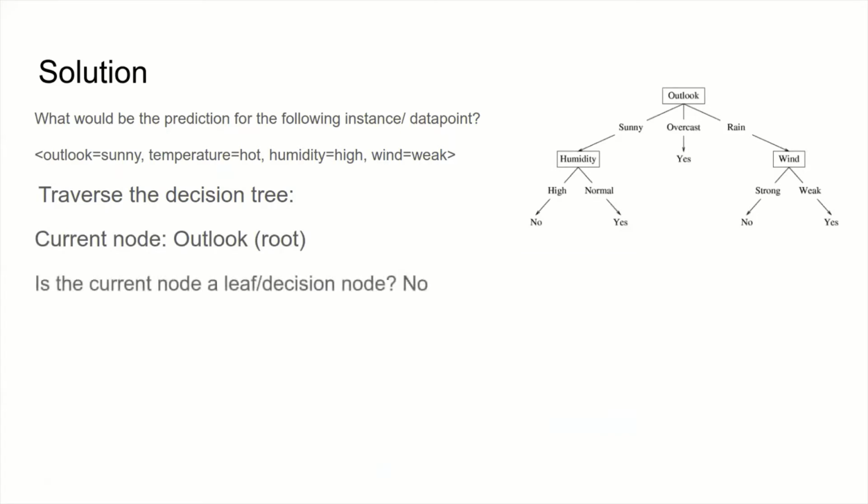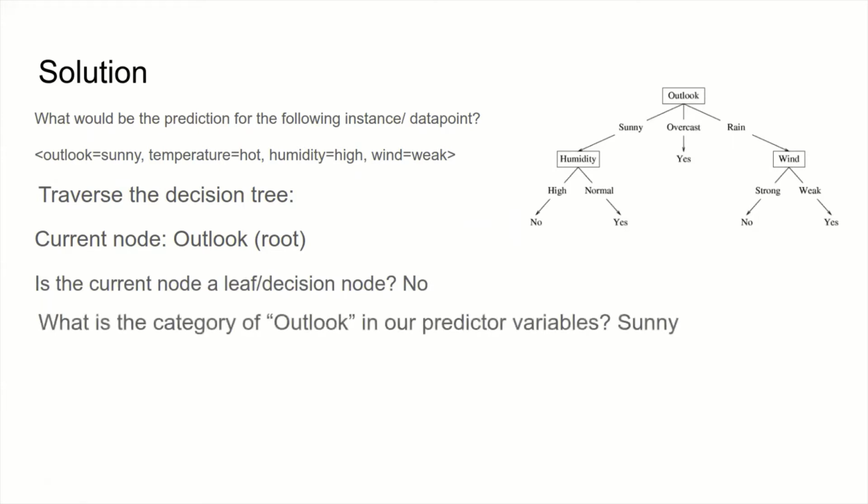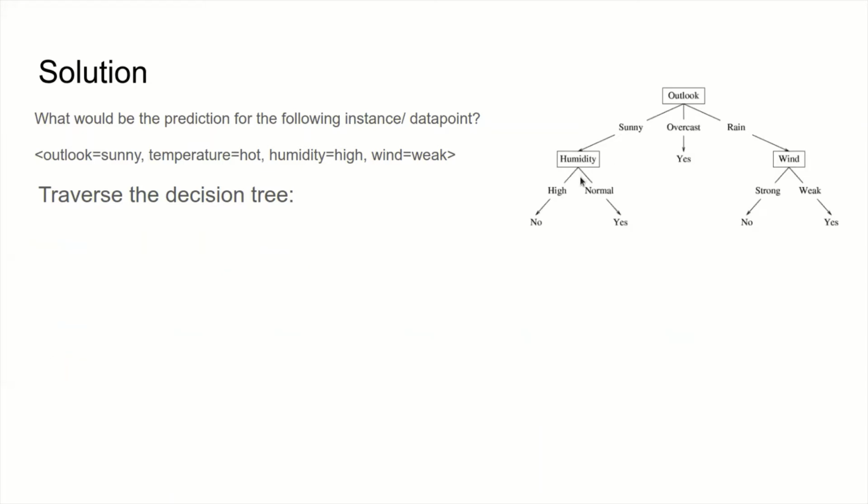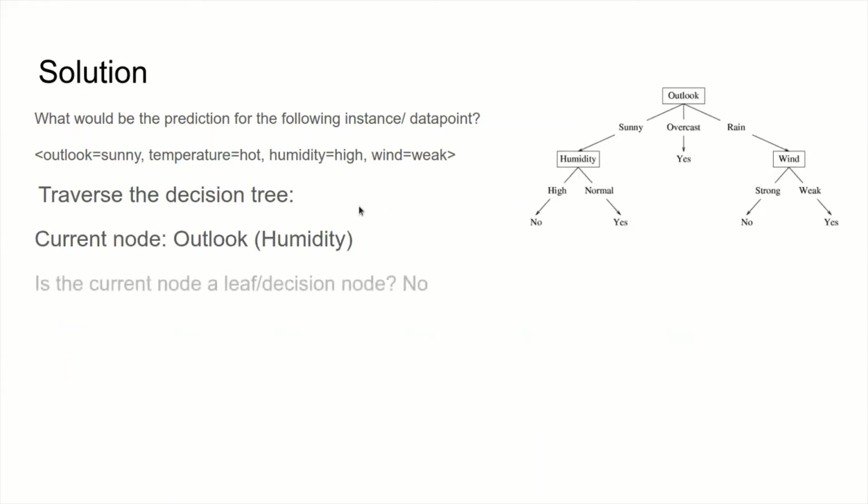So we ask ourselves, is this current node a leaf or decision node? The answer is no. So we pay attention to the value of our instance and which branch it corresponds to, in this case sunny. So we follow that path. Sunny leads us to humidity.